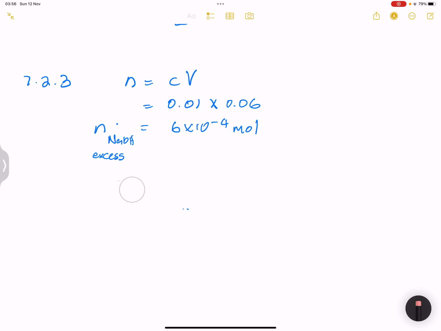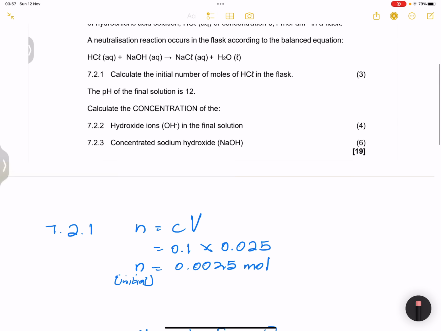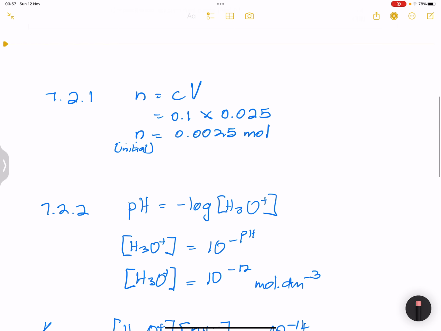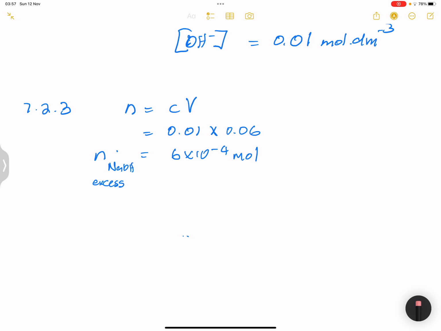So what I'm going to say to myself is, how many moles of acid reacted? Well, it's all of what we've got. But what's the ratio between sodium hydroxide and hydrochloric acid? It's 1:1, isn't it? For every one sodium hydroxide, we will get one hydrochloric acid.